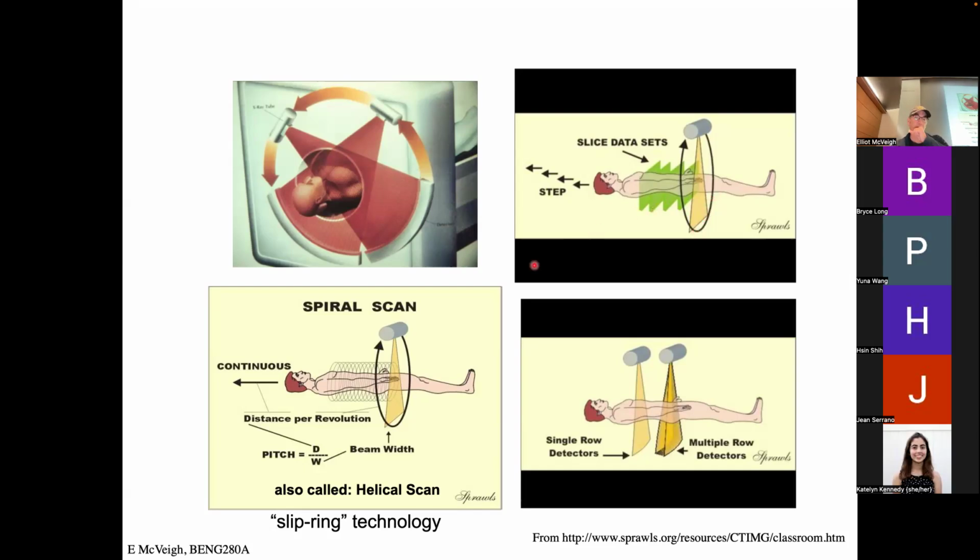If you really want to go fast, you can do what's called helical scan. What we'll do is get the source and the detector rotating at a constant frequency, right? And then we'll just move the patient through there continuously, and we'll collect the data essentially on a helix.